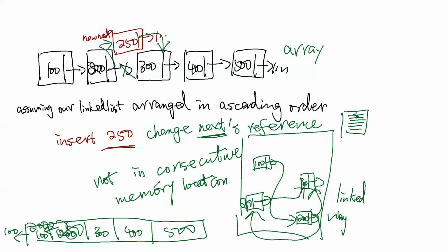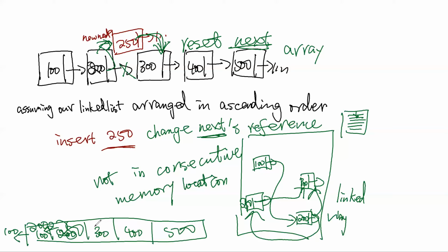So it involves heavy shifting, and in your memory it involves shifting those values to different memory blocks. But you can see for a linked way, it's very flexible. You just reset the next reference. So that's why we have linked lists.